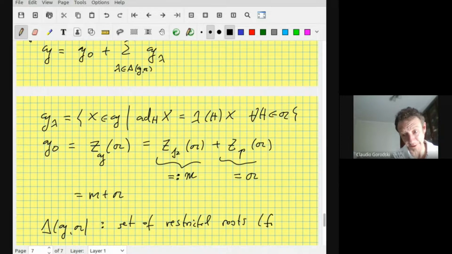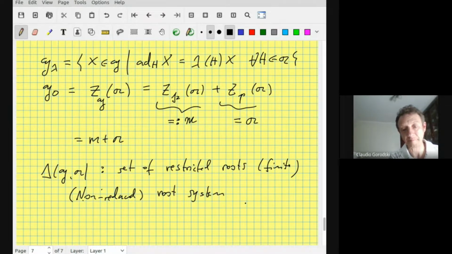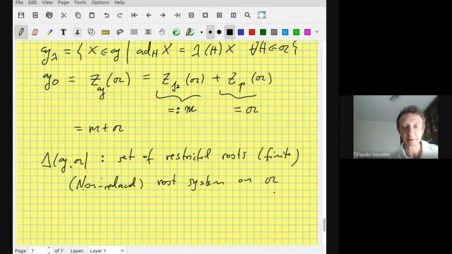It's a finite set, and it gives an abstract non-reduced root system on A. And what else?